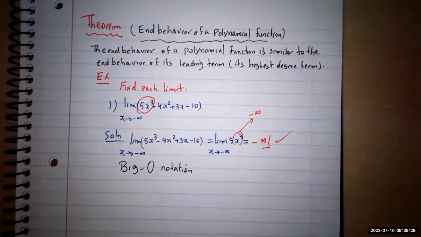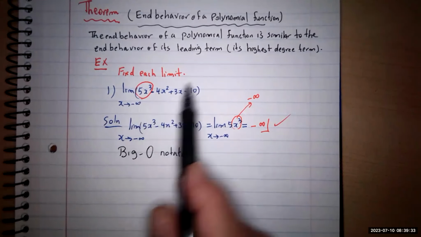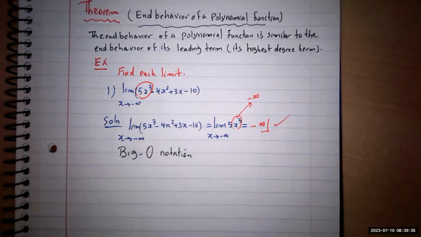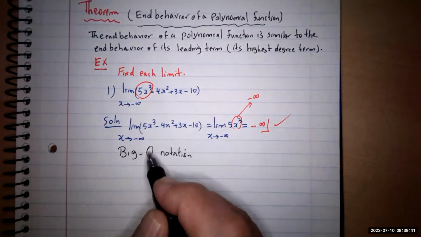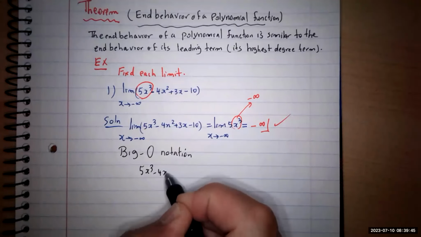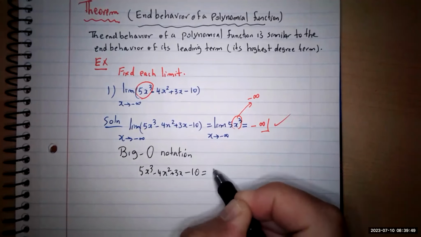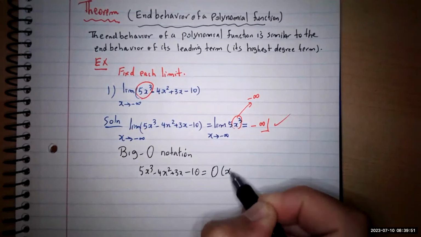It is similar to what we did here, but they don't usually use the notion of limits. They say that 5x cubed minus 4x squared plus 3x minus 10 is the big O of x cubed. You see?